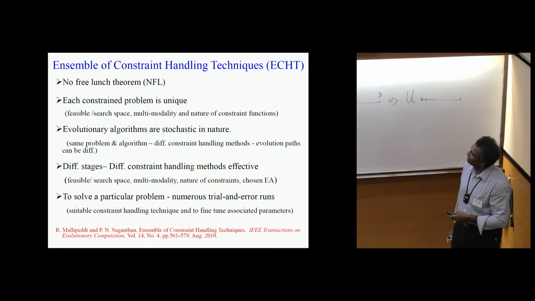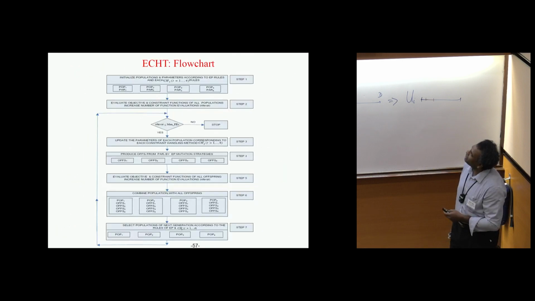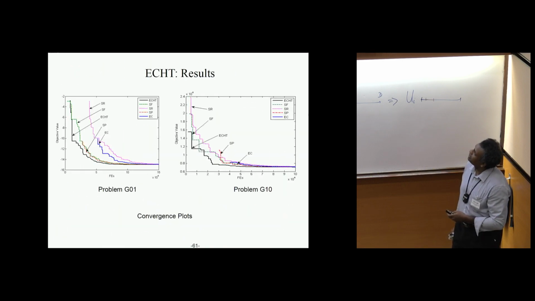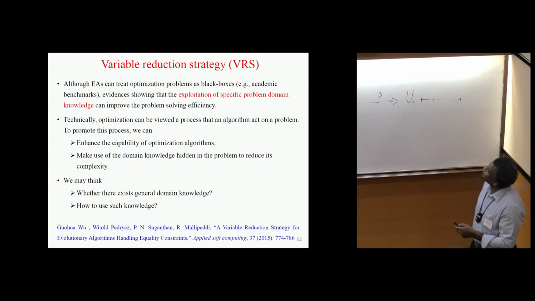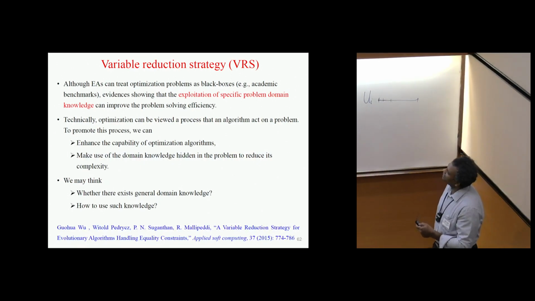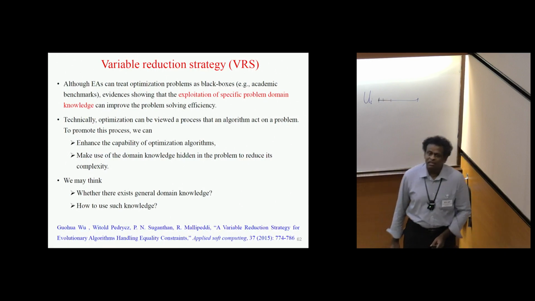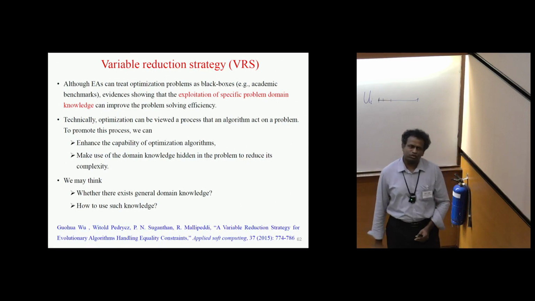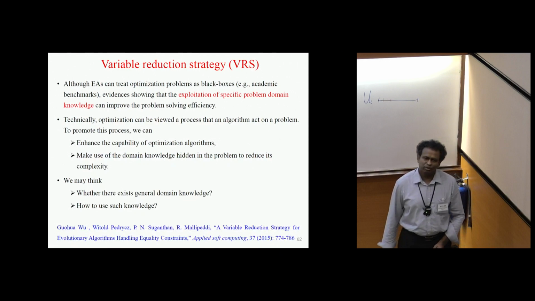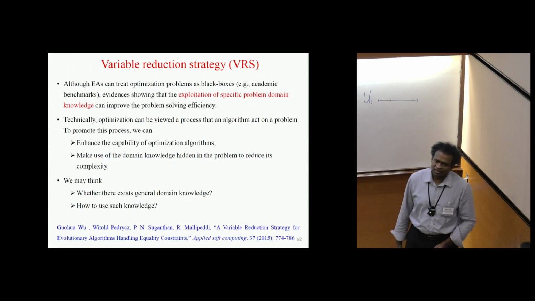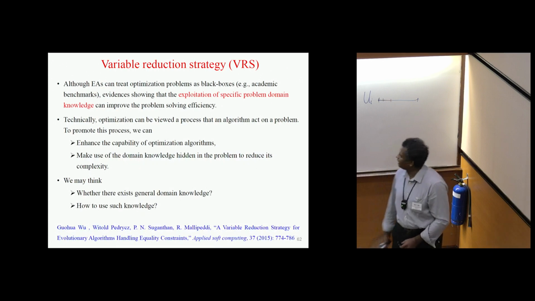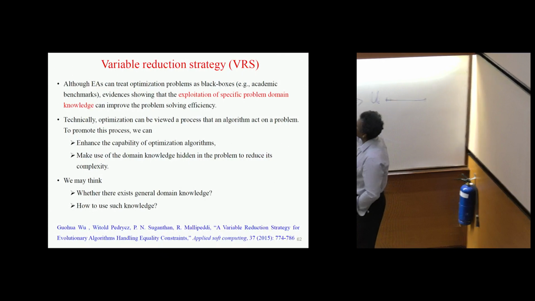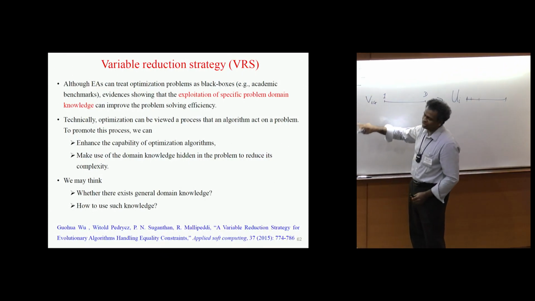And in recent times we proposed another method, skipping to the last method, variable reduction with constraint handling. In some cases when you solve real world problems, you may have equality constraints. When you have equality constraints, you may be able to reduce the variables. Reducing variables means you have capital D number of decision variables.